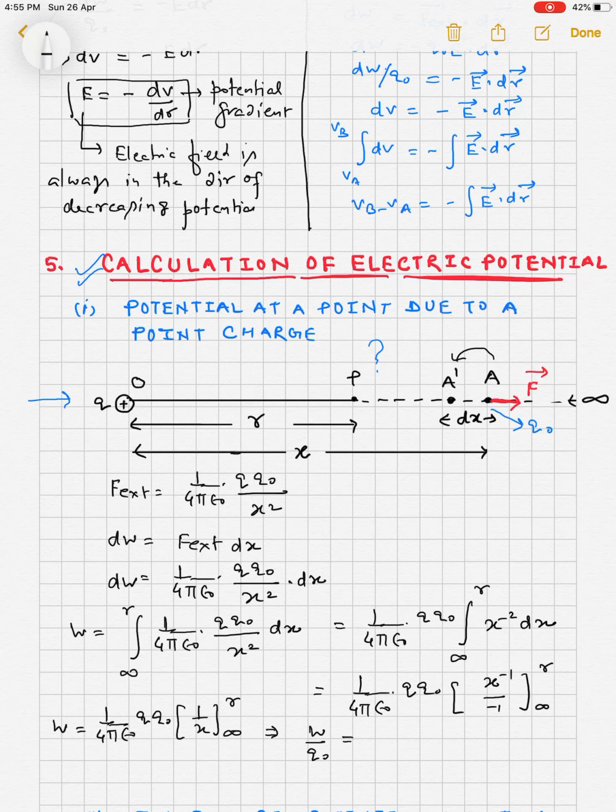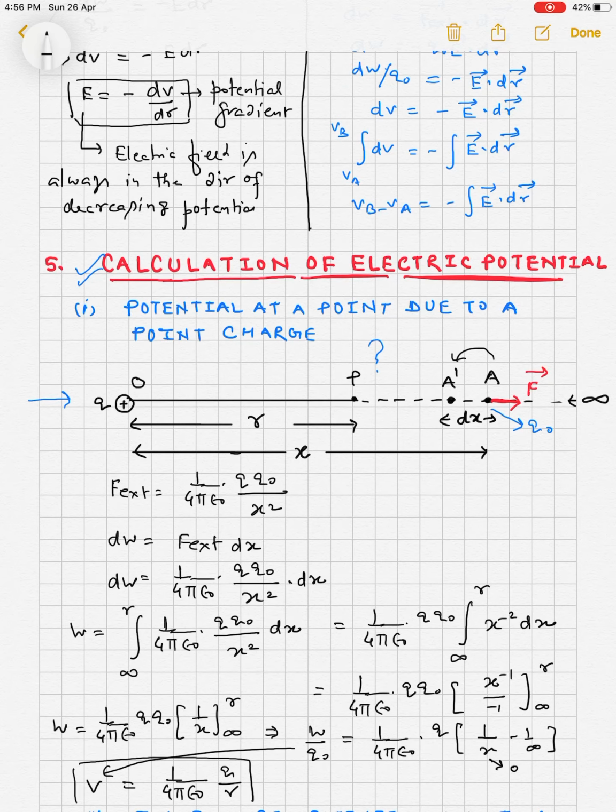So W upon q naught is equal to 1 upon 4 pi epsilon naught into q, and here we have 1 upon R minus 1 upon infinity. So 1 upon infinity is 0. So W upon q naught is V. It is equal to V. So V is equal to 1 upon 4 pi epsilon naught q by R.